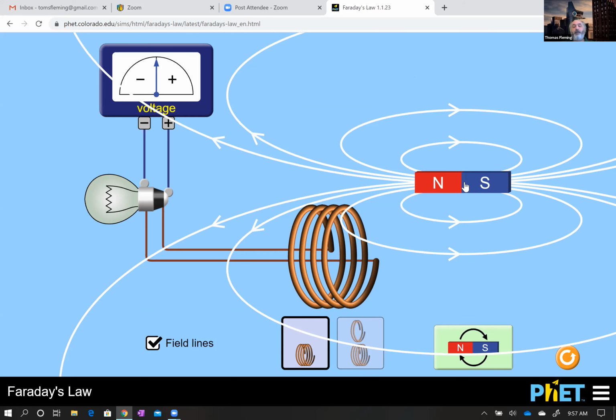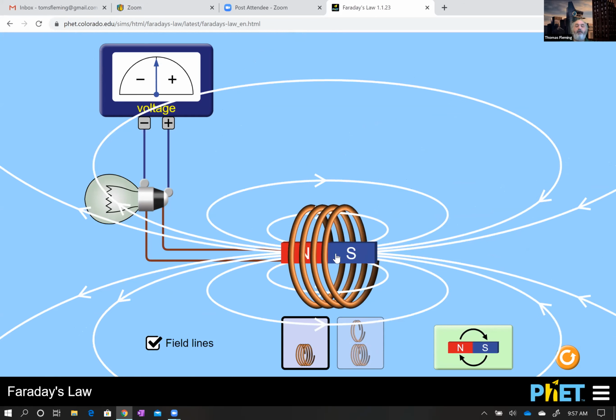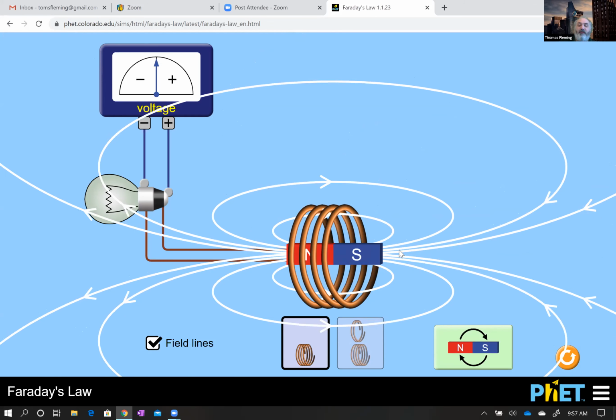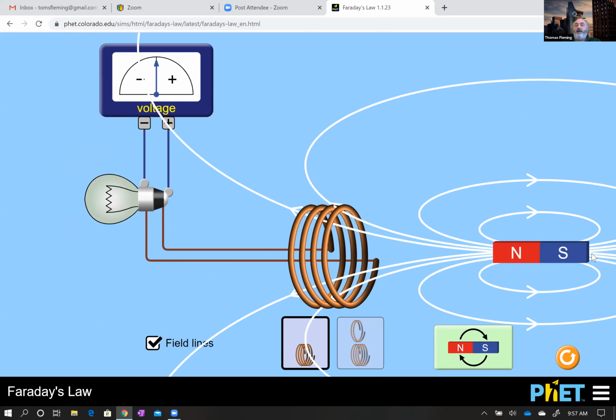However, when I bring this guy in here like that, basically all these magnetic field lines go right through the middle of that coil. So I would be generating a large amount of magnetic flux when my magnet is here in the middle of the coil, and comparatively less when I pull it back.